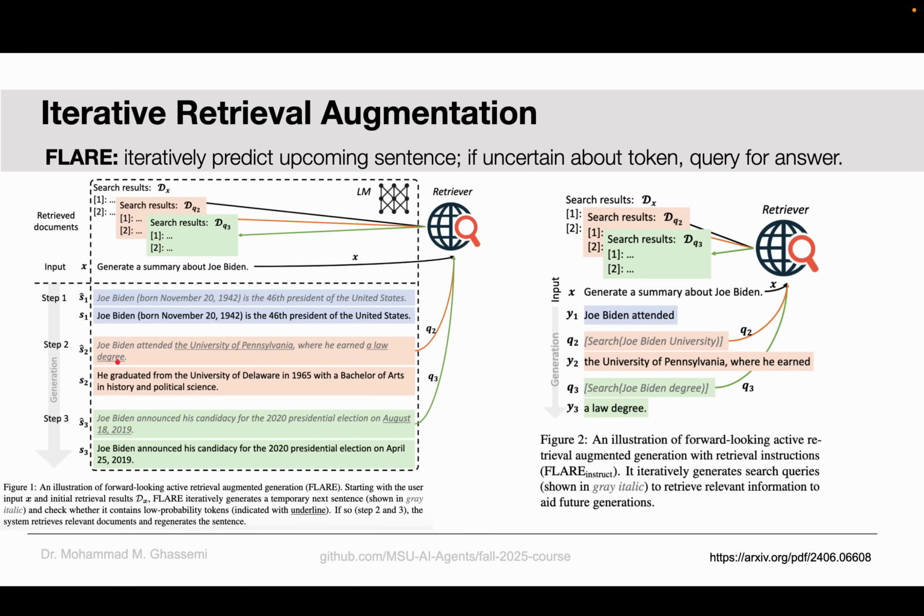Then this becomes the triggering event where, as you can see on the figure on the right-hand side here, a search query is performed against some database, some tool that returns the correct university. In this case, University of Delaware, and in the case of the law degree, Bachelor of Arts in History and Political Science.